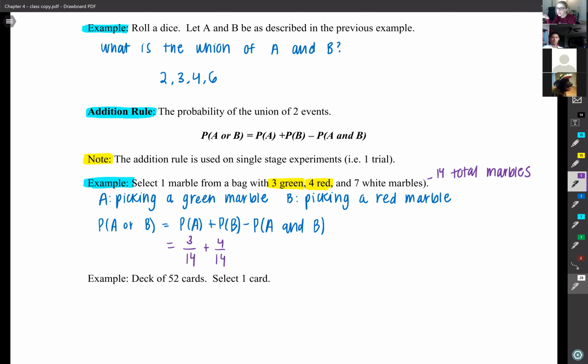There's 0 chance of that happening. So if you remember back when we said, if an event cannot occur, it has a 0 probability. So the probability of A and B happening is 0. Okay, so if I just add these together, I get 7 over 14, which is 1/2.